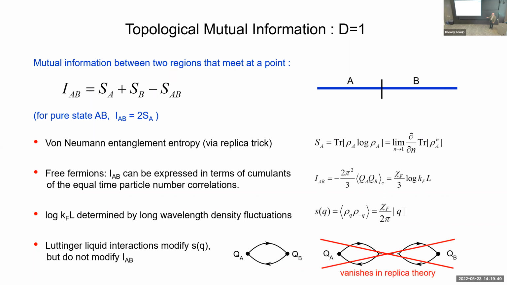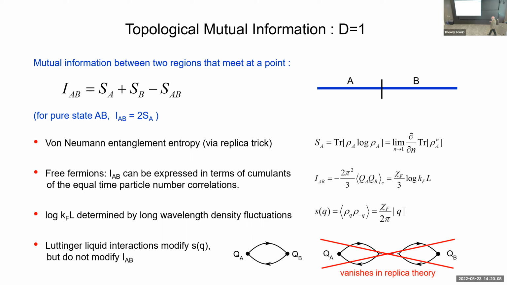And so the point is that in this replica theory, one can understand that this diagram and all of the higher diagrams are precisely equal to 0. Okay, and so we can understand with this type of calculation why it is that electron-electron interactions do not destroy this quantization.